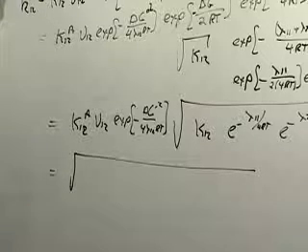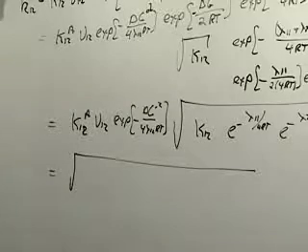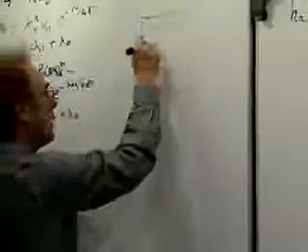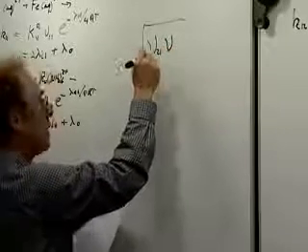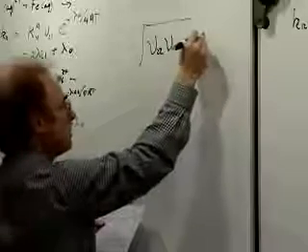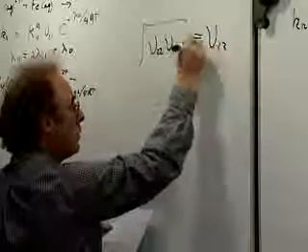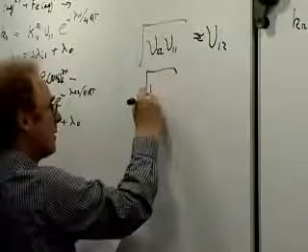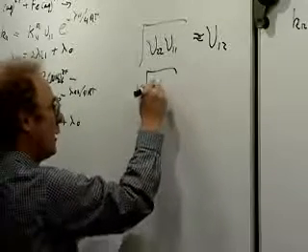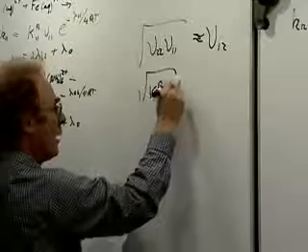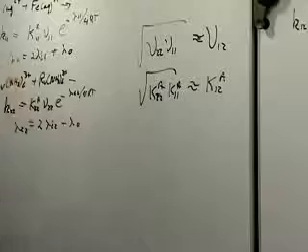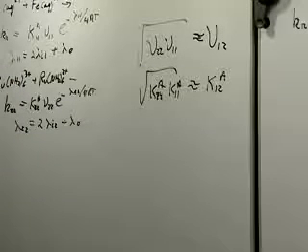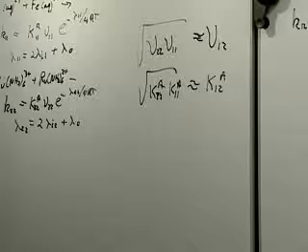Well, what I want to say is that nu 22, nu 11 is approximately equal to nu 12. And that K22A, K11A is approximately equal to K12A. If they all sort of look the same, you would expect that their frequencies and stuff would all be similar. You can actually leave them in and work it all out.